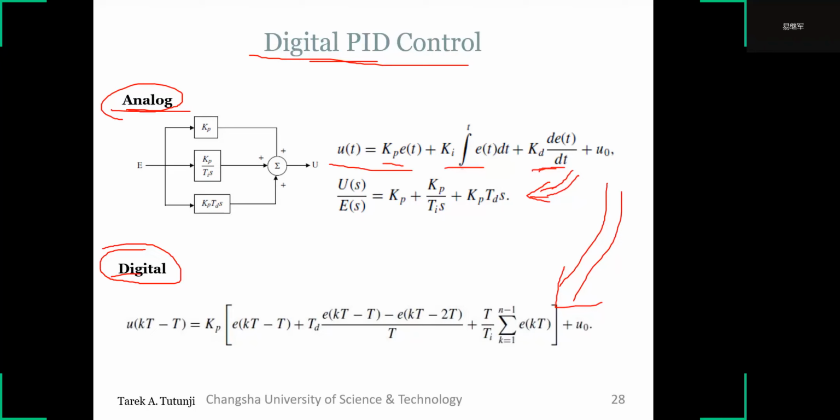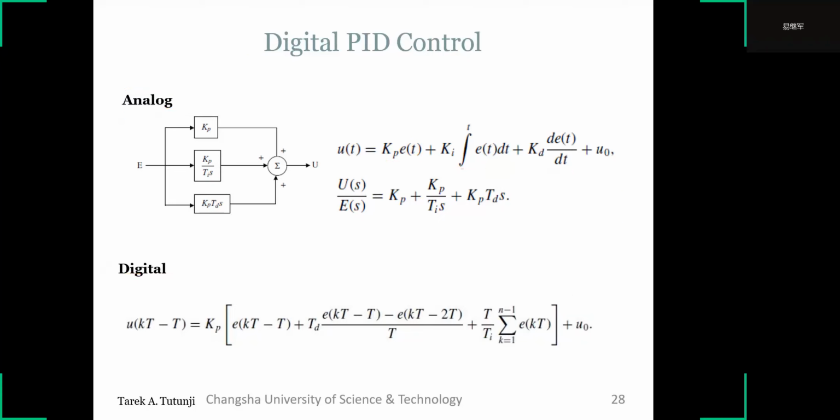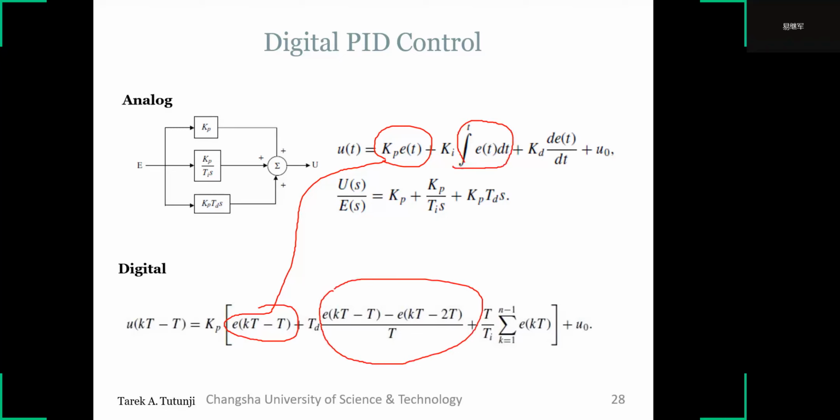This is the proportional part. Here is the integral part. We can change the integral part to the addition type.